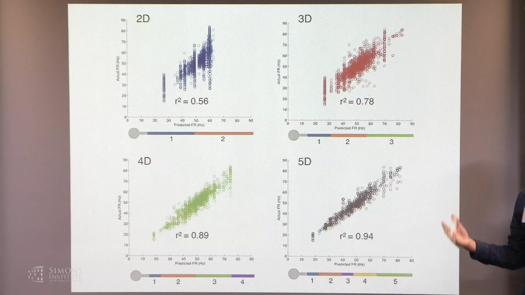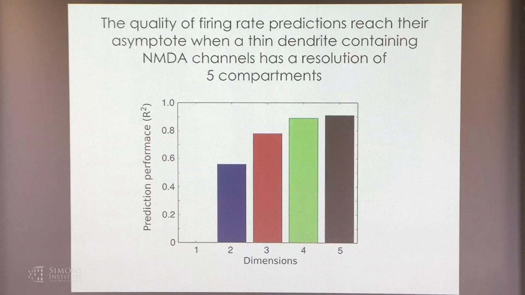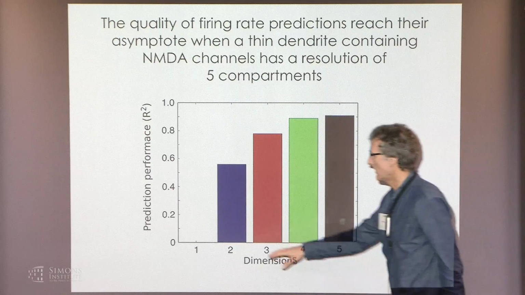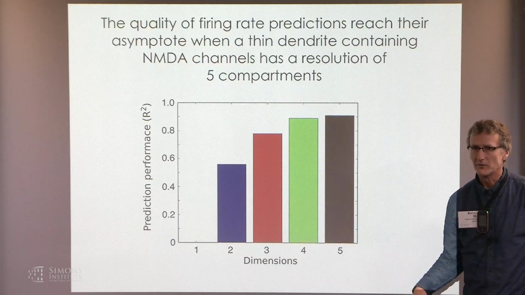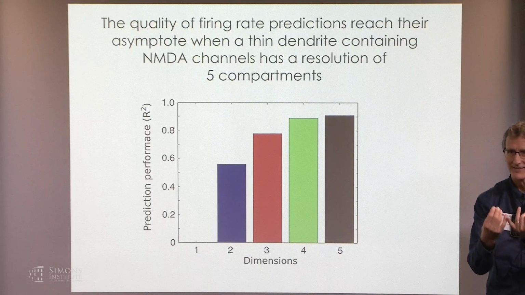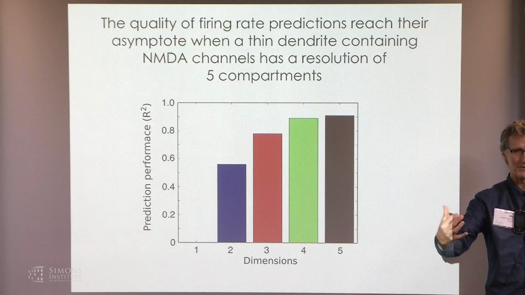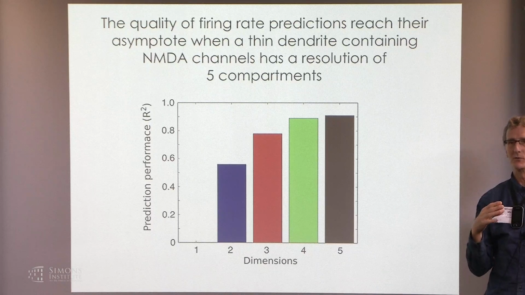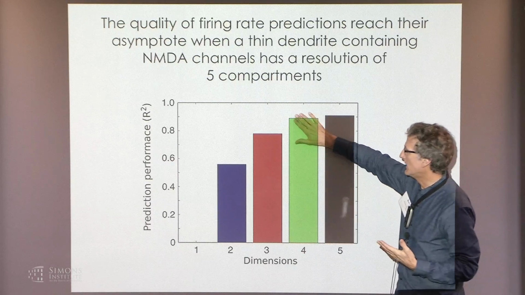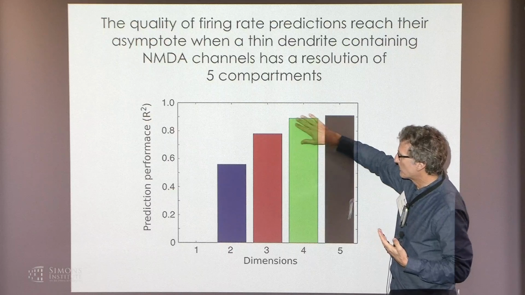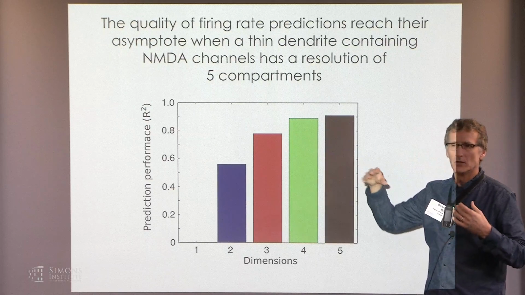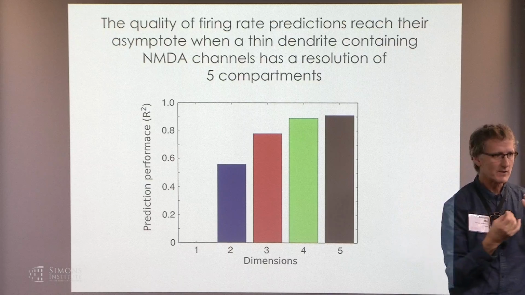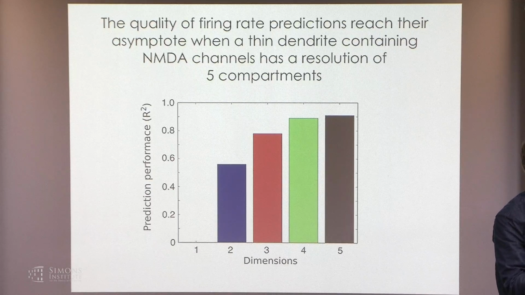If you want to think of this as an asymptote, from the point of view of spatial integration of excitatory inputs on a dendrite, this sigmoidal thing gets up to, well, by the time you're already here, you're getting pretty good. You're pretty much nailing down the spatial analog computing capability of that dendrite in a purely excitatory case.